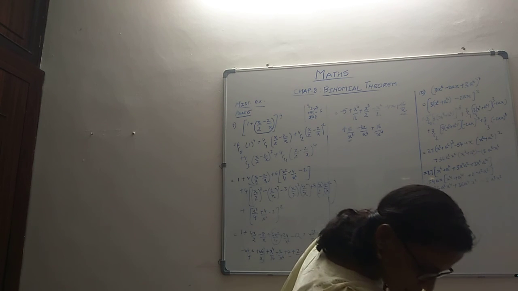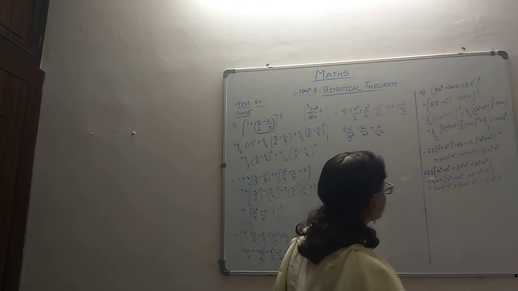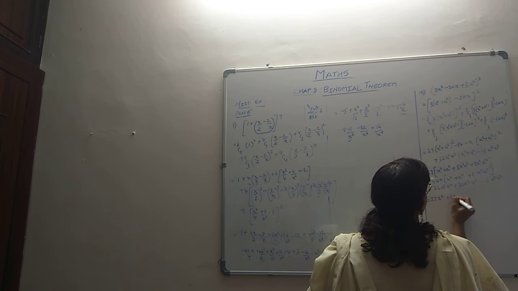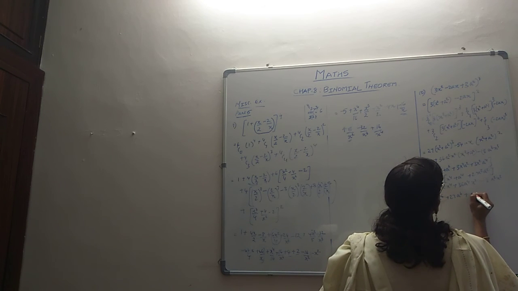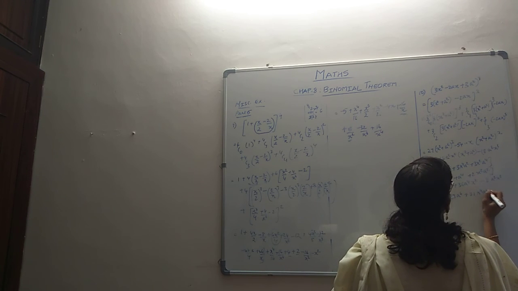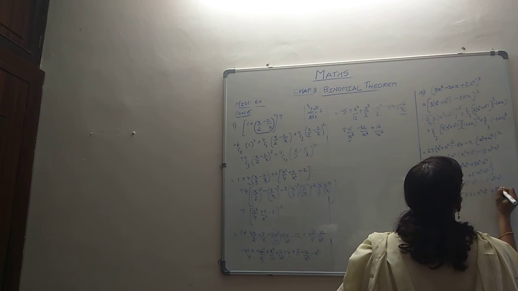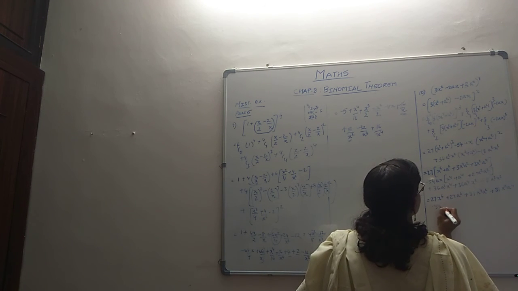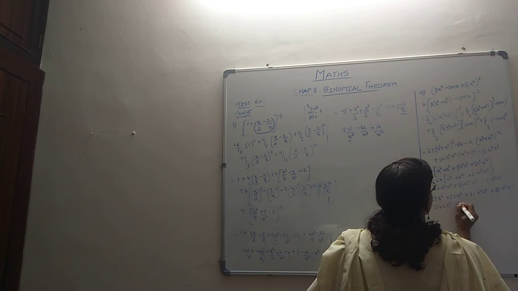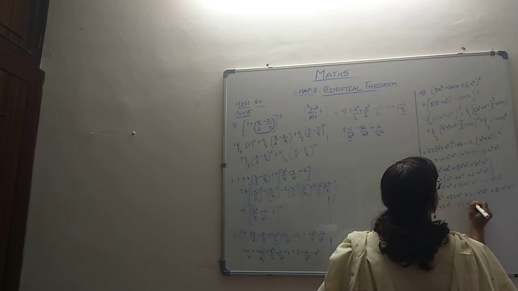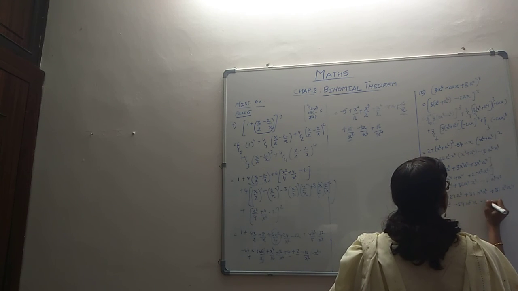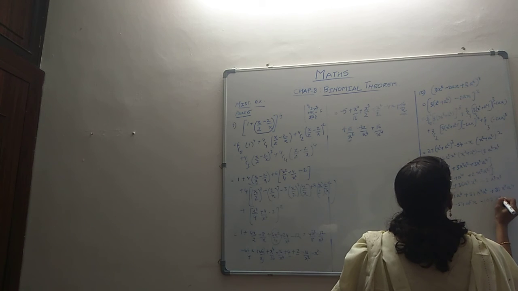Alright, let's see what more we can do here. It is 27 x raised to 6, 27 a raised to 6, 27 into 3, that is 81 x raised to 4 a squared, again 81 x squared a raised to 4, then minus 54 a x raised to 5, minus 54 a raised to 5 x, and minus 108 x cube a cube.